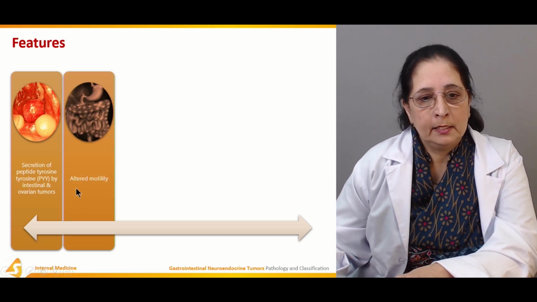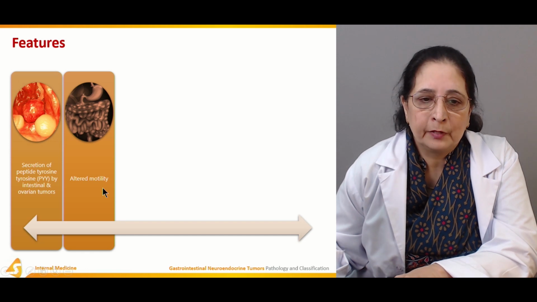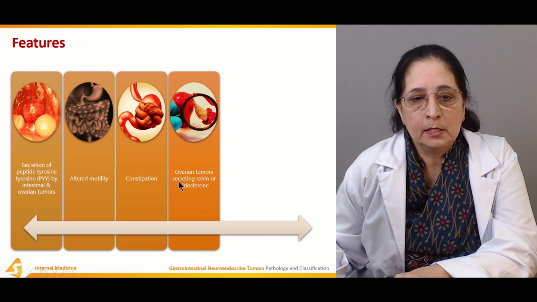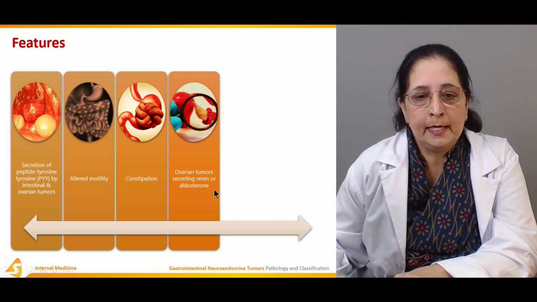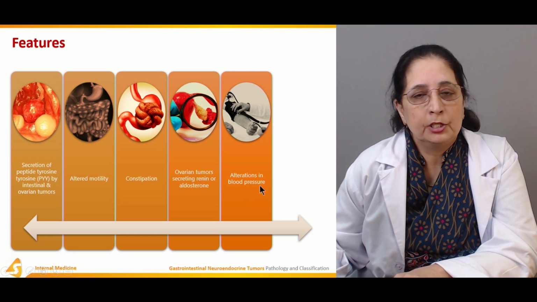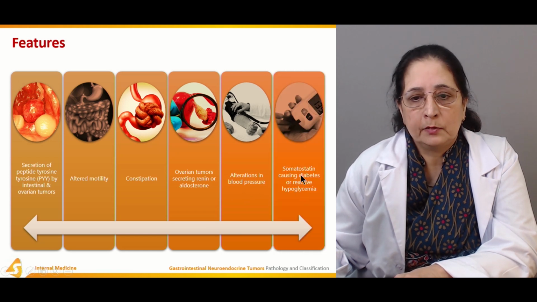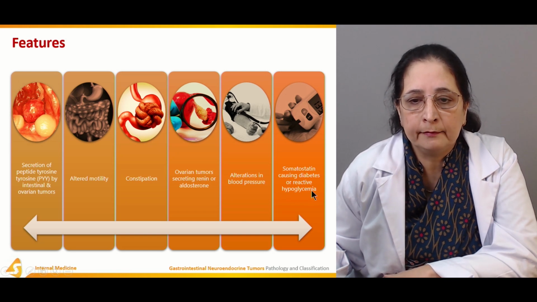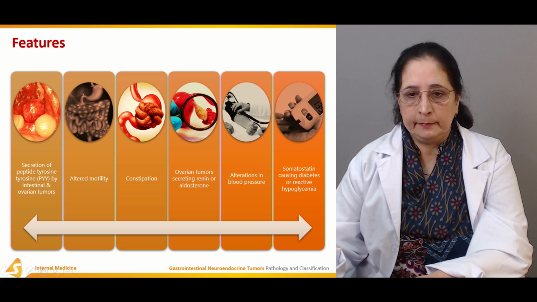And then there is altered gut motility, constipation, ovarian tumors secreting renin and aldosterone, alteration in blood pressure, and somatostatin causing diabetes or reactive hypoglycemia.